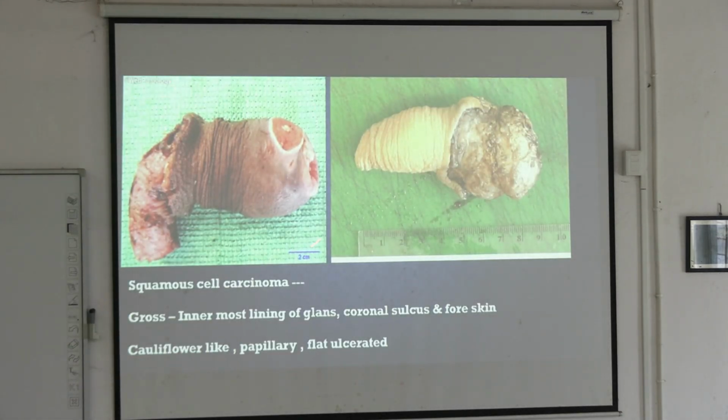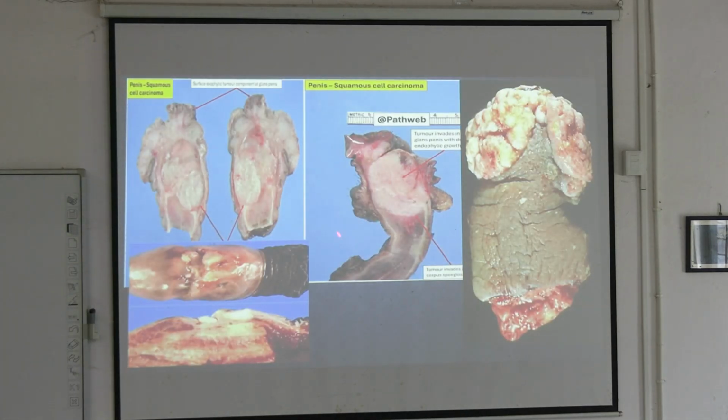Grossly, this is an ulcerative cauliflower-like growth, which may invade the deeper structures according to the stage of the disease. See, there are various presentations. This is the cauliflower growth, deep infiltrating, ulcerative, going bigger in the deeper part. So there are various types of presentation according to the stage of the disease, maybe early stage, maybe late stage.